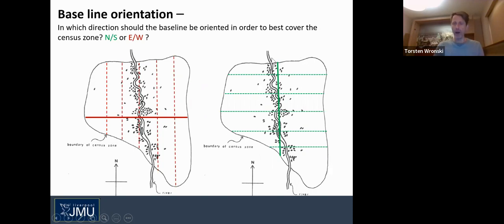Or would it be more advisable to have the baseline oriented parallel to the river, and therefore the transect lines running at a right angle to the river? In what case do you think we will get better count results?